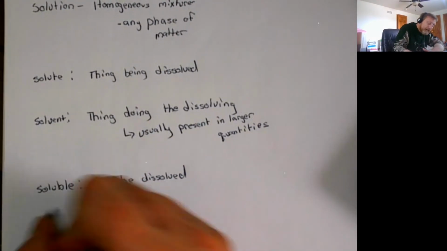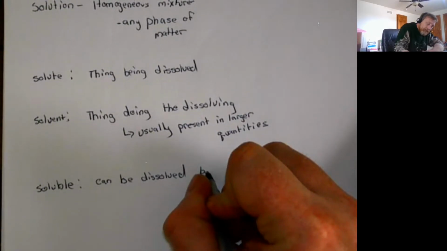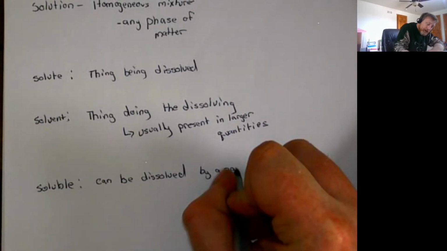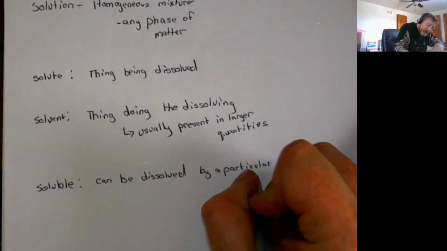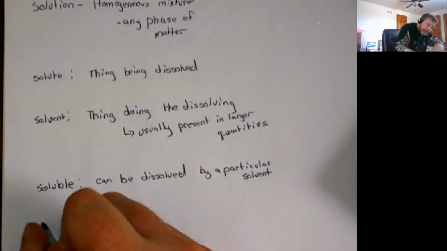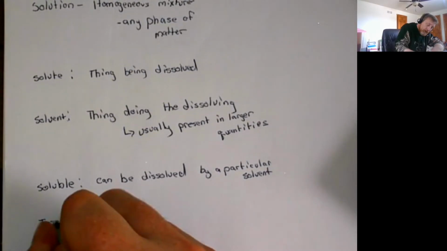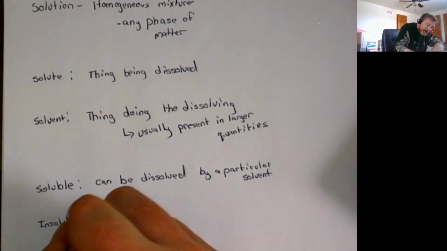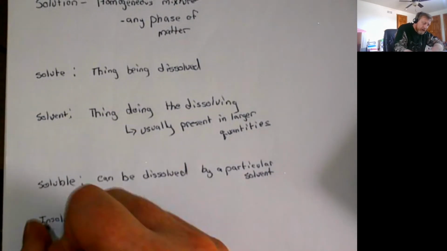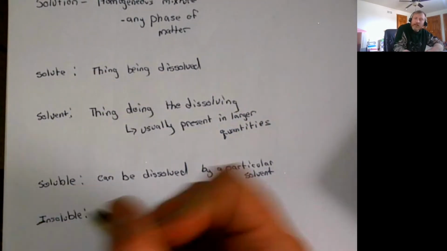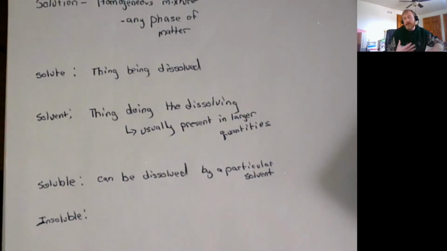If it cannot be dissolved by a particular solvent, it would be said to be insoluble. Now, if someone mentions these words soluble and insoluble and they don't say what solvent, then you can assume that the solvent is water.